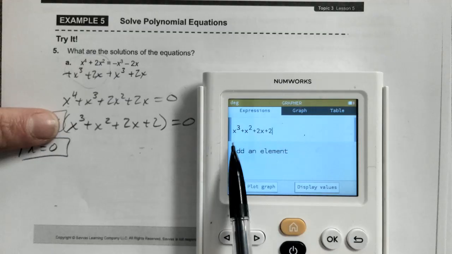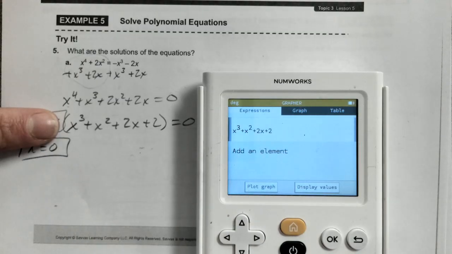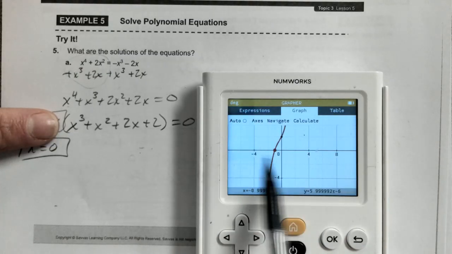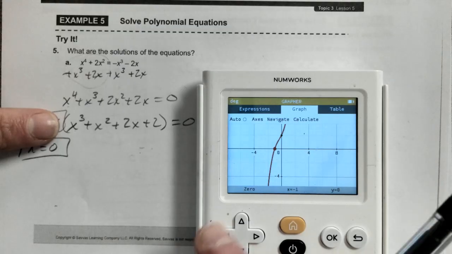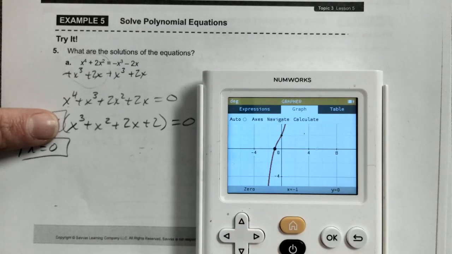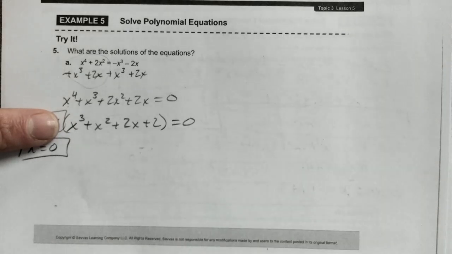So where that crosses the x-axis is going to tell us a real zero that we can factor out of this thing. So we'll hit OK, we go over here, and we graph it, and where does that thing cross the x-axis? It crosses the x-axis at -1. That's my zero there at -1.